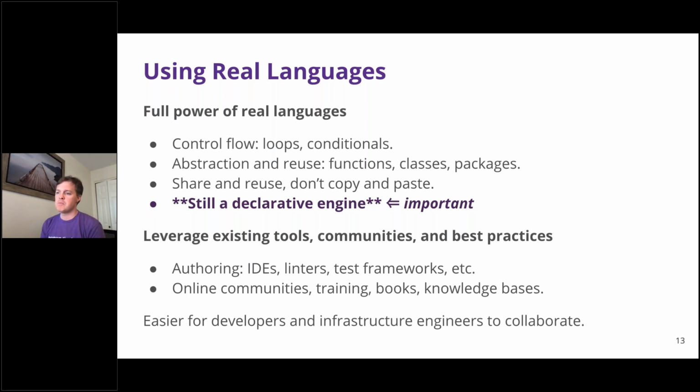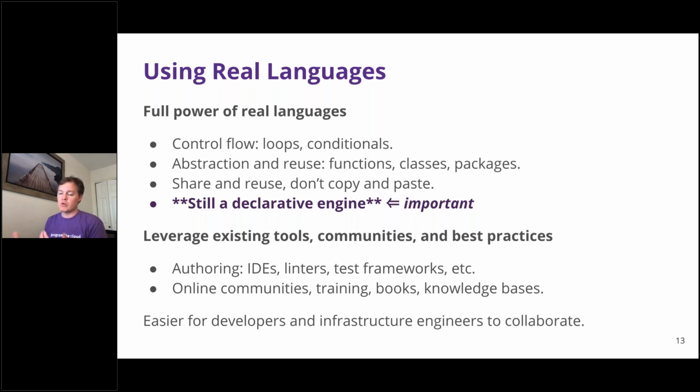And then finally, of course, by using real programming languages, we get all the benefits we have in those language ecosystems. So the IDEs, the linters, the compilers, the test frameworks, all these different things that we can apply from these languages that we use in our application code, we can now bring to bear on our infrastructure code as well. And then finally, for many folks doing cloud infrastructure work, they're sitting at the boundary between traditional IT cloud teams and application development teams.